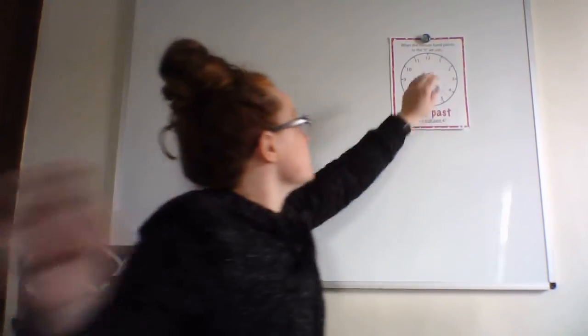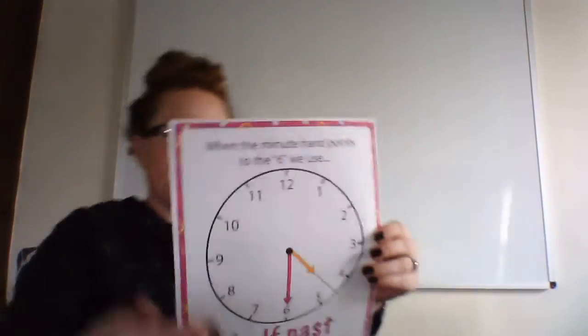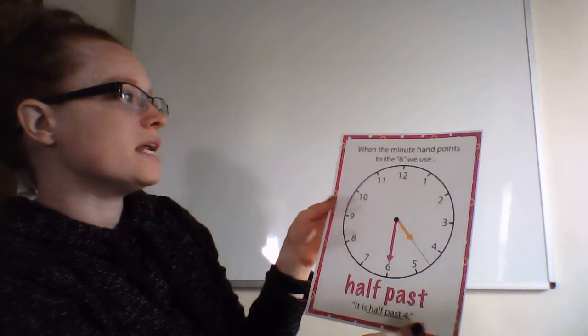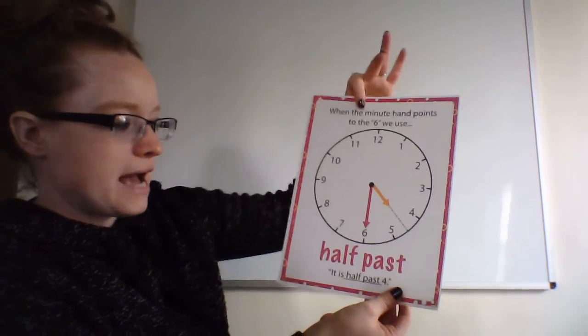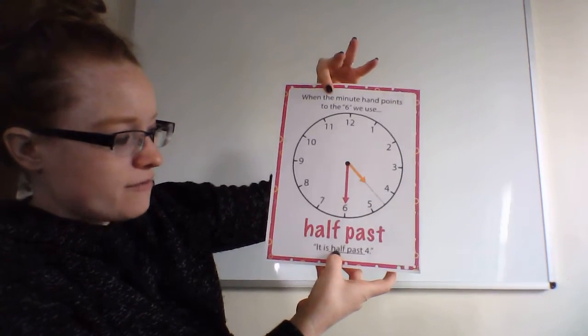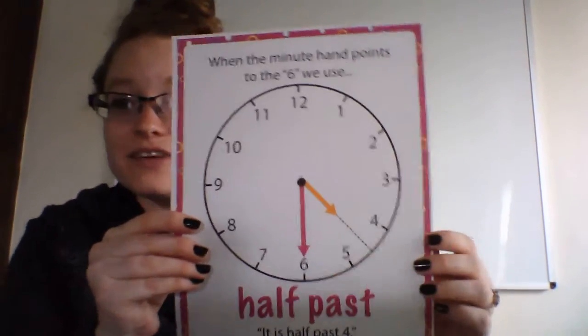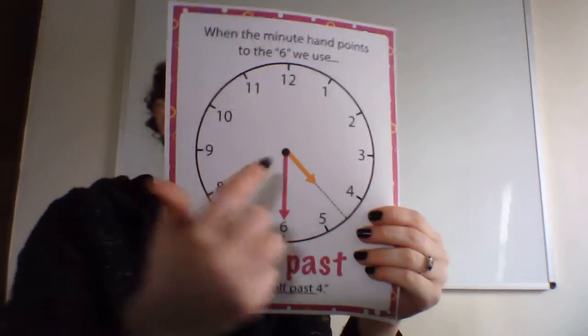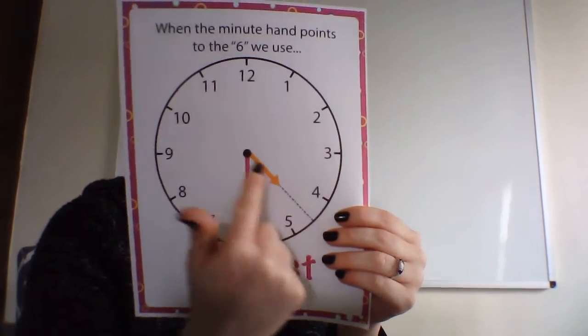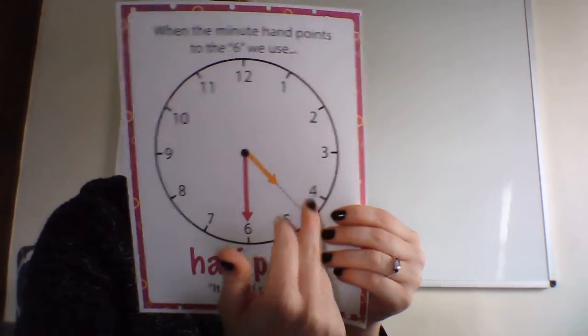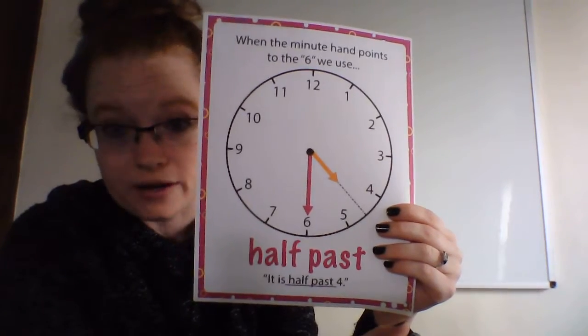Also in first grade, we tell time to half past, or the half hour. It says when the minute hand points to the 6, we use half past. It is half past 4 o'clock. Or some of my students would say it's 4:30. So when it's half past, this hour hand has to be in between these two numbers.